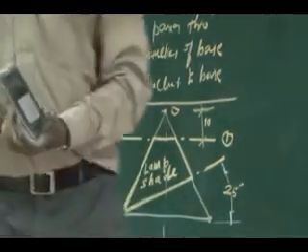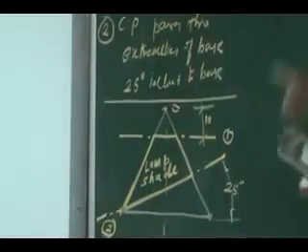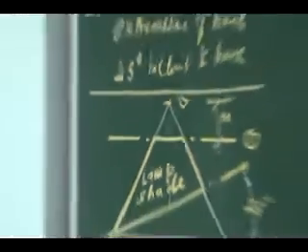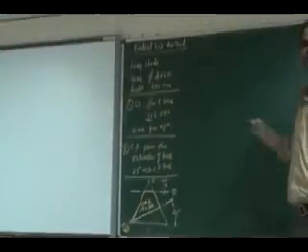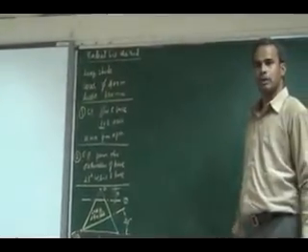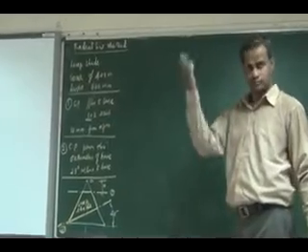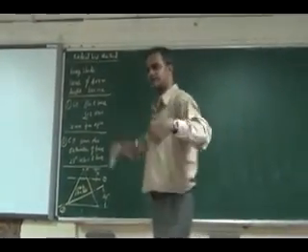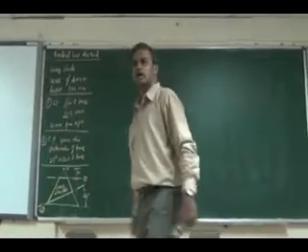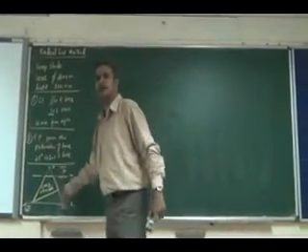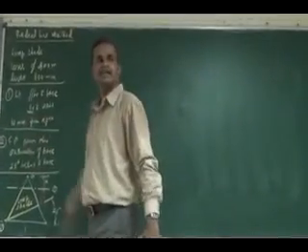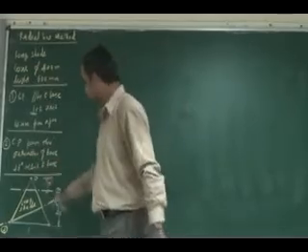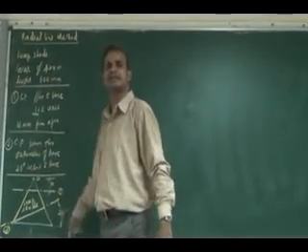First of all, you have to draw the development of the cone. What is the development of a cone? It will be a segment of a circle, depending upon the base and its generator length. The generator length is the radius of my circle.